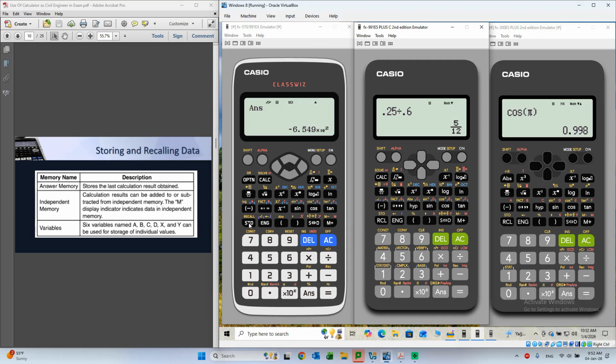What we do here, I press store, so you see that there's something appearing on the indicator here. Now I have to use one of these letters. The letters that I have here are in red, so I need to click alpha. Sorry, I think it works directly, since store is activating them. So if I click store, I can directly press this button which has A over it.